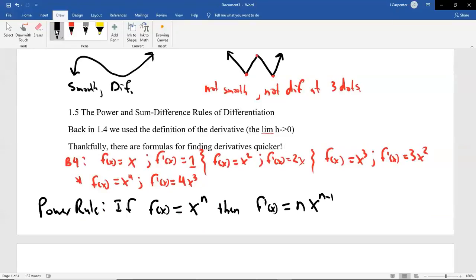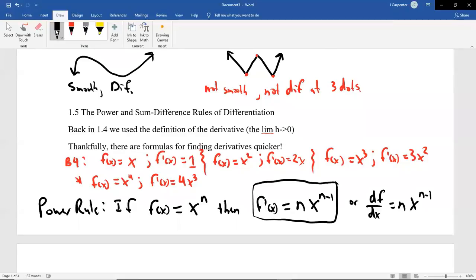So we take whatever the exponent was, we make it a coefficient, and then we take what the exponent was, which is n, and we drop it by 1. If you prefer the other notation, if you want to write df dx, then it's n times x to the n minus 1. The formula doesn't change. This is the power rule of differentiation.